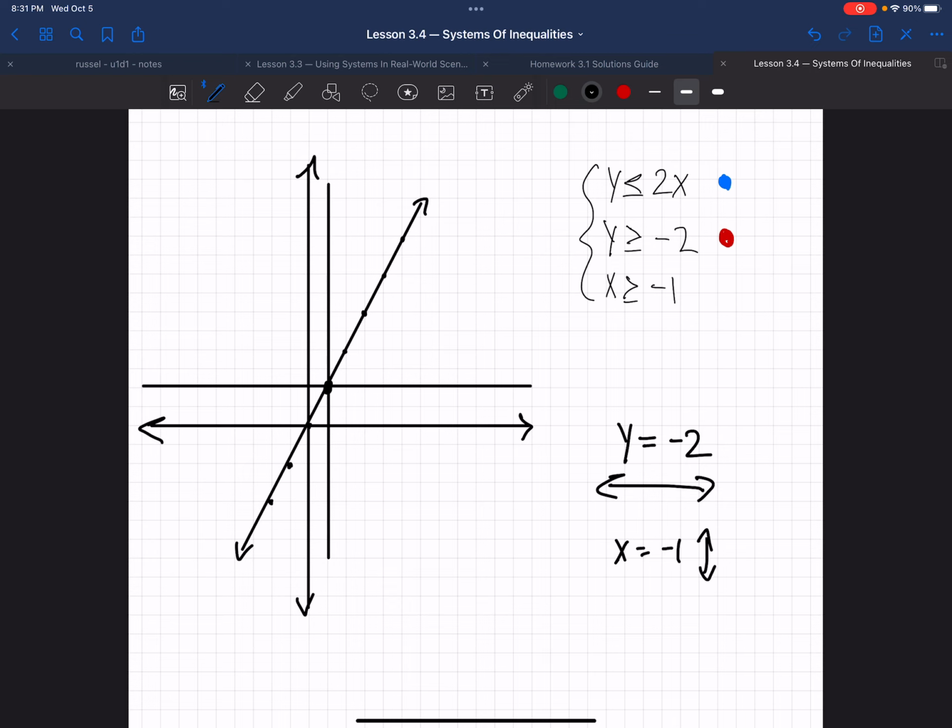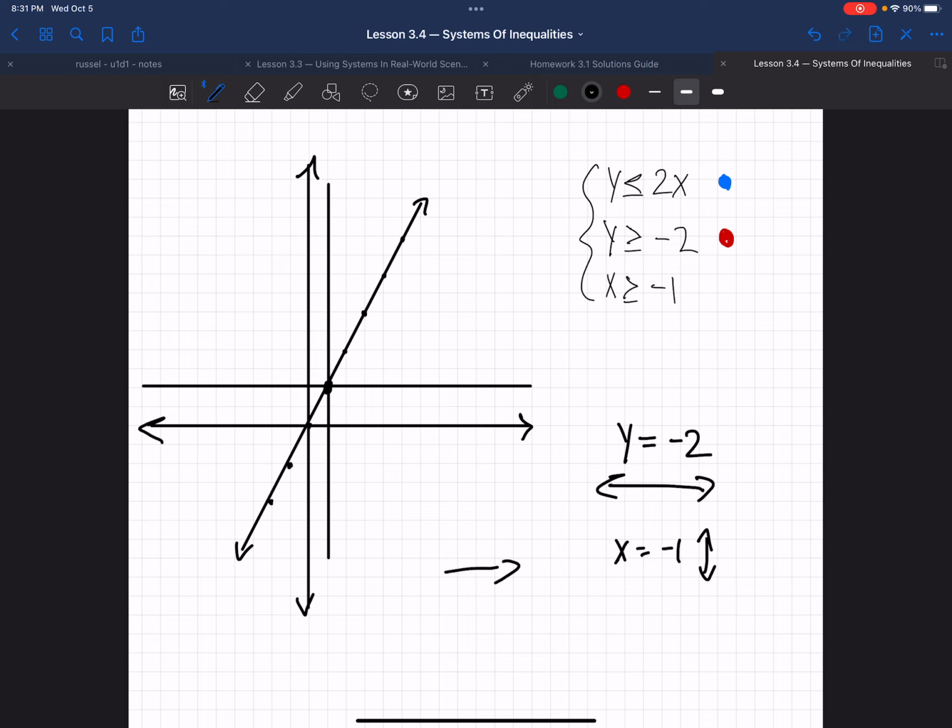So you know that I'm shading above this line. You know that I'm shading below this line. And now, since x is greater than or equal to negative 1, well, x greater than means go to the right, right?